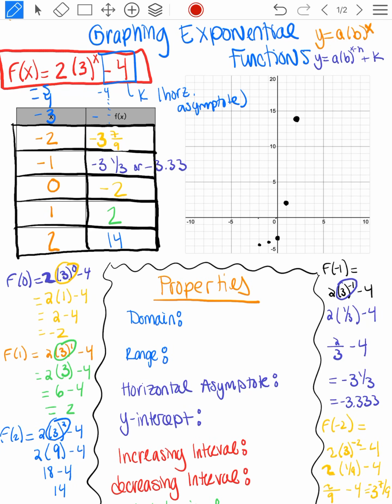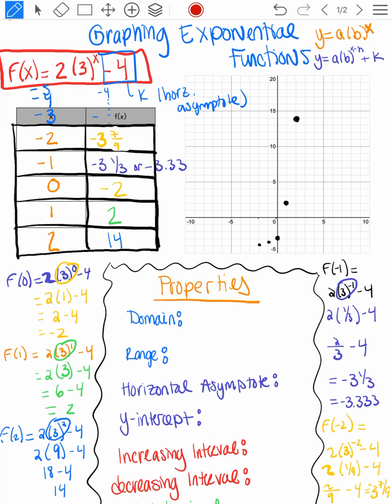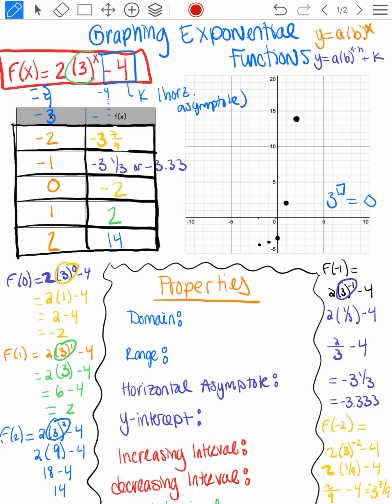And the reason that's going to happen is because there's no exponent that will make 3 to that power equal 0. So there's no way we're going to get this part of the function, the 3 to the x part, to be 0. And we would need it to be 0 in order to get a y value of -4. But by putting in negative values for x, I'm going to keep getting smaller and smaller.